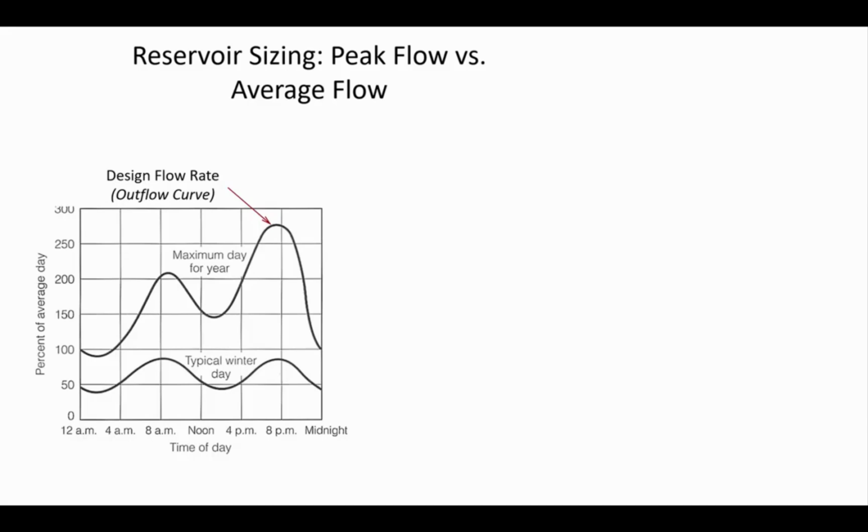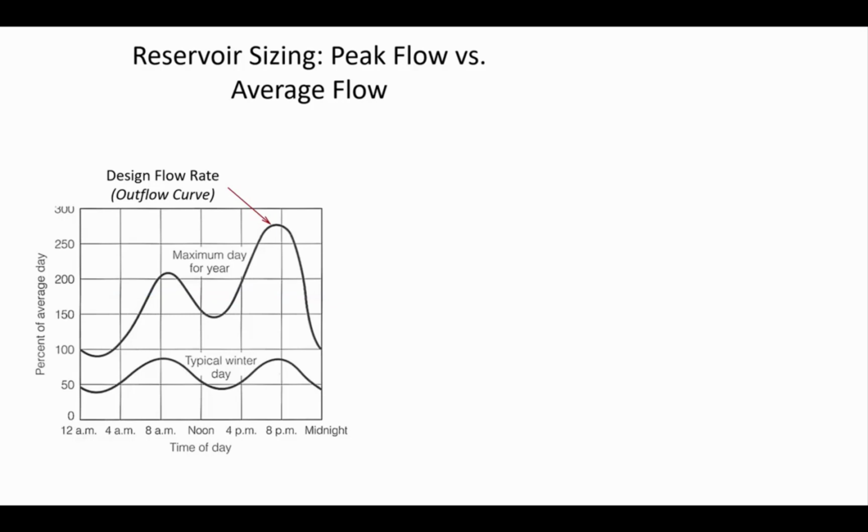We're going to put enough volume into that reservoir that at night it fills up, and during the day, when there's a high demand in the city, the tank is going to drain. And the reason why is that during the day, there's more flow coming out of the tank because of those really high demands than there is flow coming in.